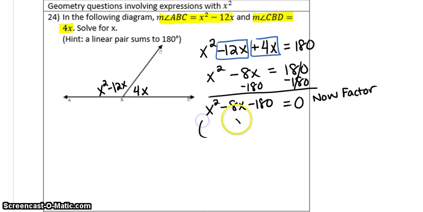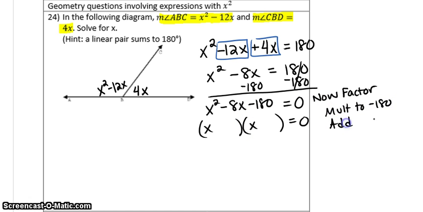So I'm looking for two numbers that multiply to negative 180 that also add to negative 8. With a little bit of investigating, I can figure out that the two numbers I'm looking for are negative 18 and positive 10.